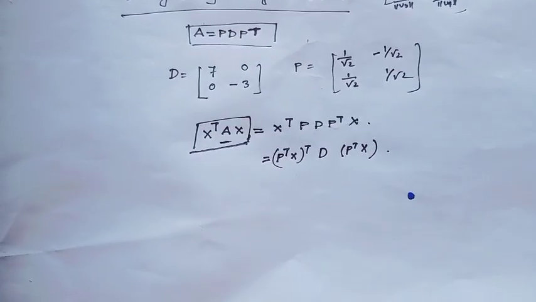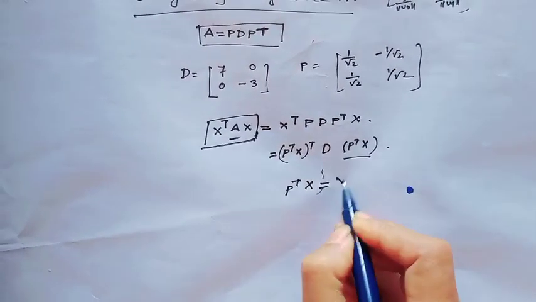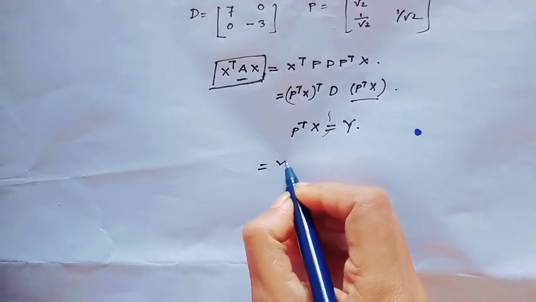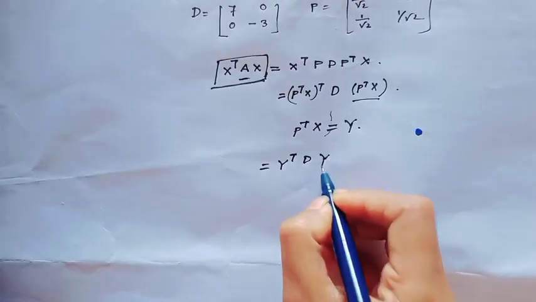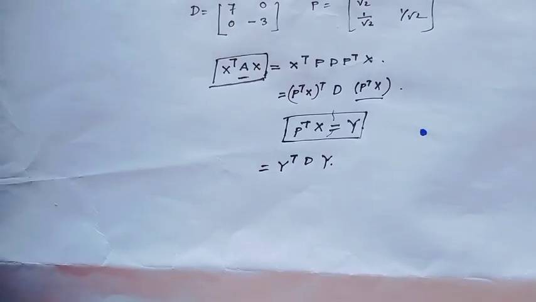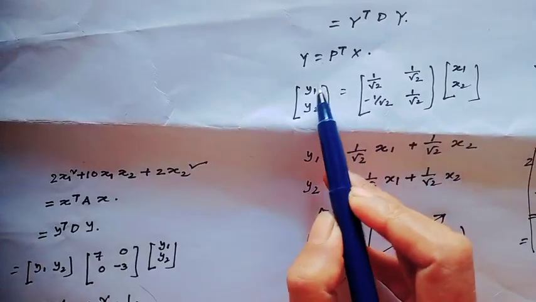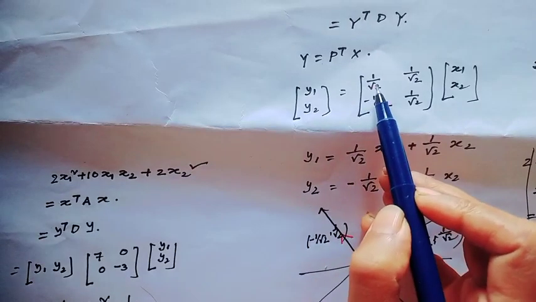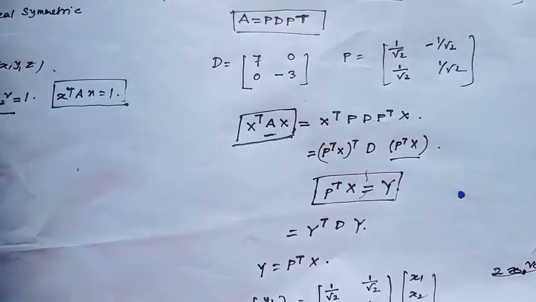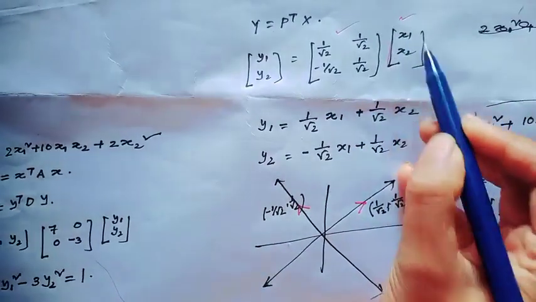Now for easy calculation, consider P transpose x equal to y, then x transpose x reduces to y transpose dy. I hope all my viewers have understood this concept easily, where obviously y means P transpose x, that means y is y1, y2, and P transpose means this matrix times the column vector x1, x2.